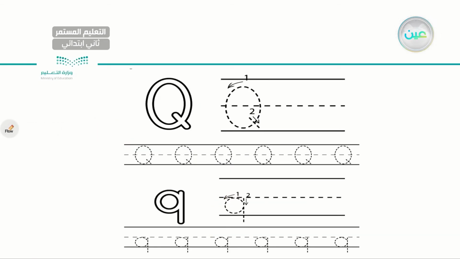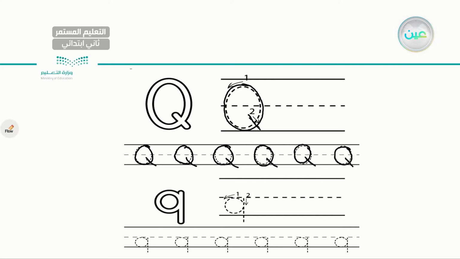Now let's learn how to write letter Q. Just go ahead and follow the arrow. Make sure you are writing between the specific lines. Q, capital Q. Q, queen, question mark, quill, and so on.